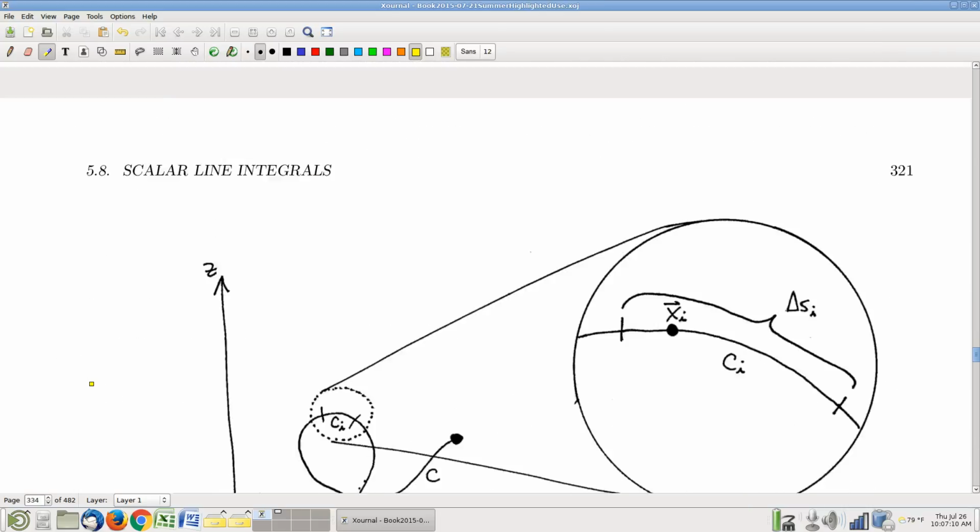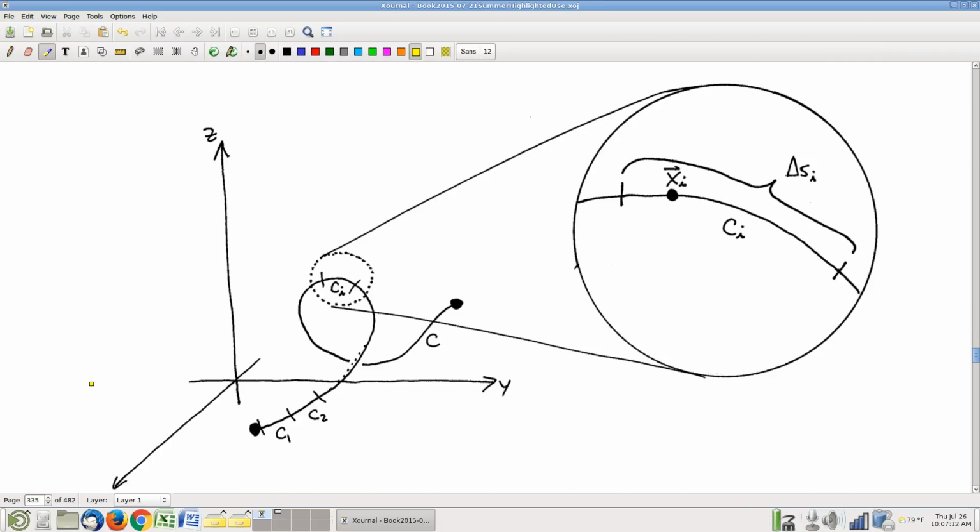Okay. So here's our situation. We've got this curve, and I want to chop it up into little pieces and make an accumulation argument. The total mass of this rod is the mass of that one piece, plus the mass of this piece, plus the mass of the next piece, etc. Here's the ith piece.